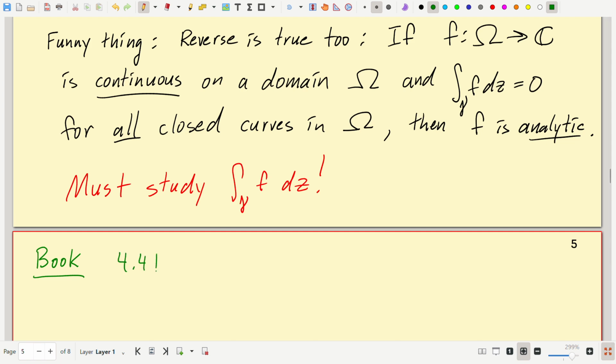4.4b is the Green's theorem approach. That's a vector math 261 kind of thing. Green's theorem approach. That's Cauchy's theorem.